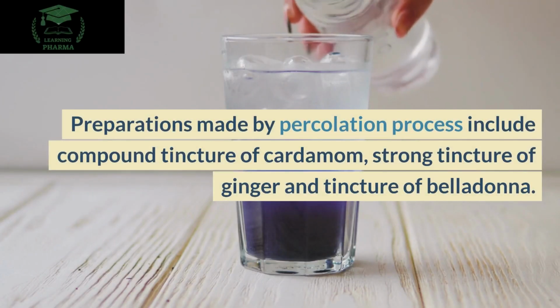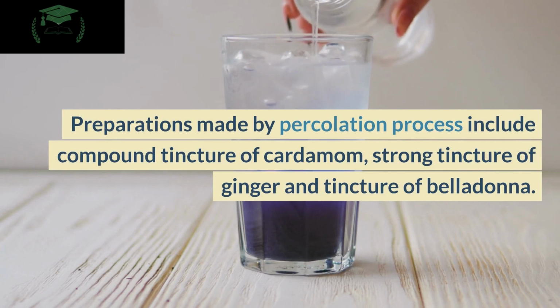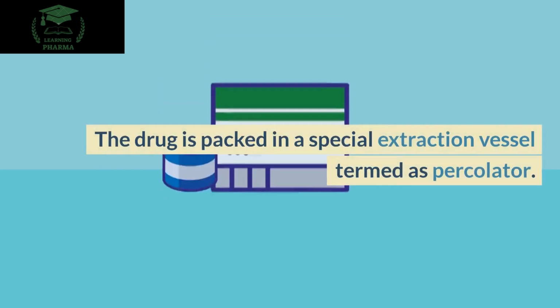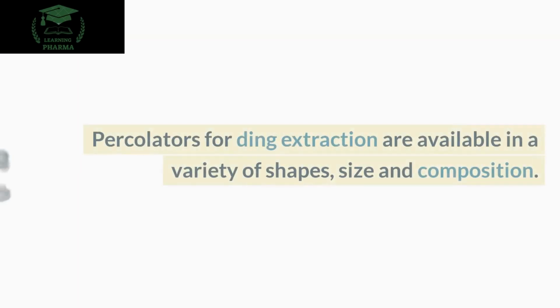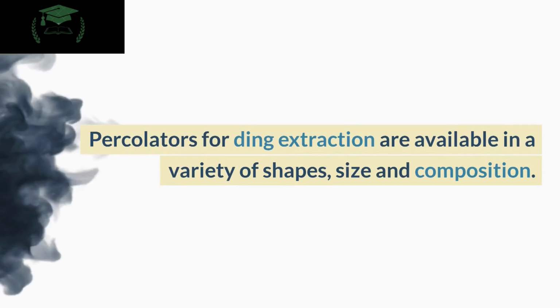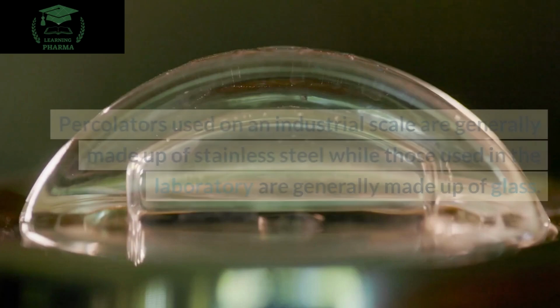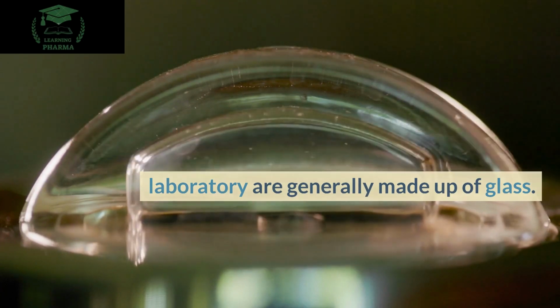Preparations made by percolation process include compound tincture of cardamom, strong tincture of ginger and tincture of belladonna. The drug is packed in a special extraction vessel termed as percolator. Percolators for drug extraction are available in a variety of shapes, size and composition. Percolators used on an industrial scale are generally made up of stainless steel while those used in the laboratory are generally made up of glass.